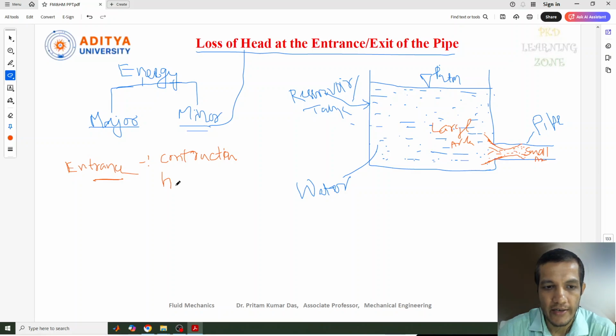So we can write h equal to, we know the formula, 0.5 V square by 2g. Previously it was V1 or V2, but here also we can consider the same, 0.5 V square by 2g, what we derived previously for the sudden contraction case also.